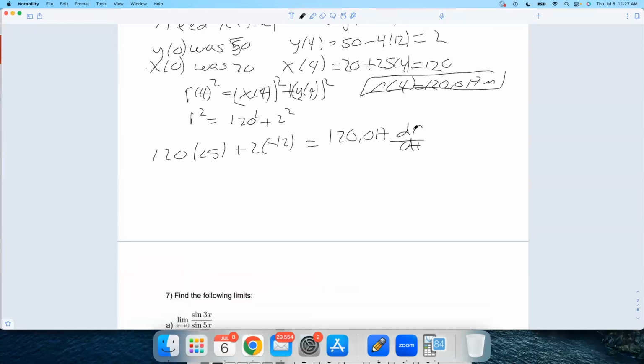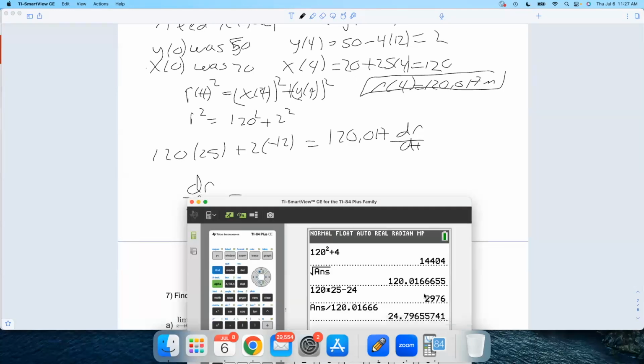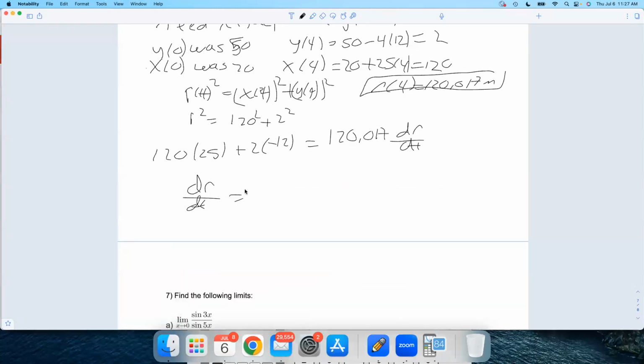Remember, that's measured in meters per second. We're looking for a rate of change, a speed.